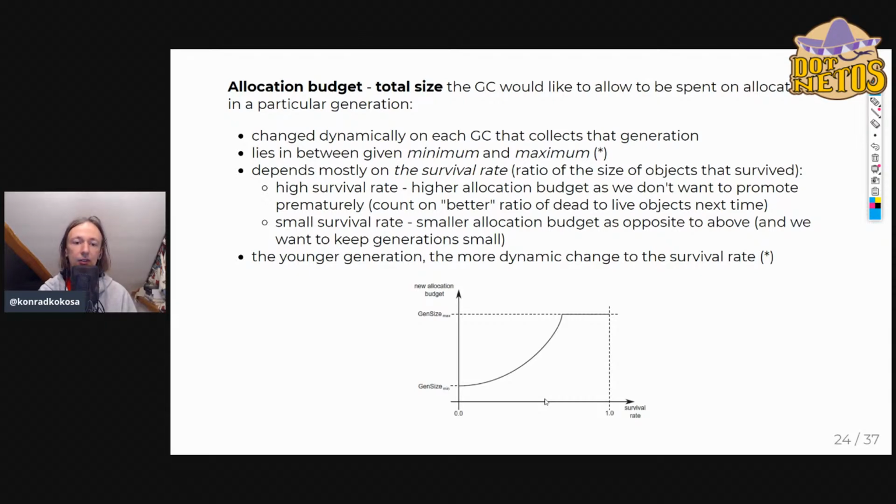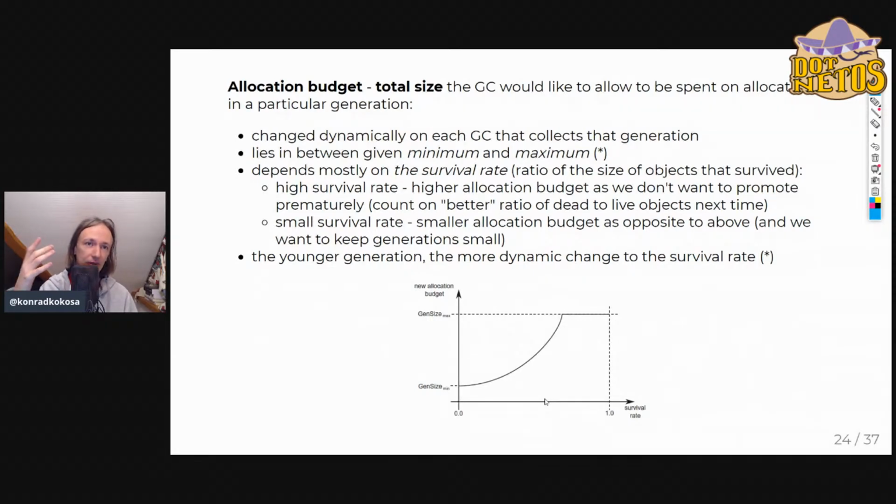So as you see, the concept of generation size is pretty complex, because in the end generation size is just the current dynamic result of applying the dynamic allocation budget.